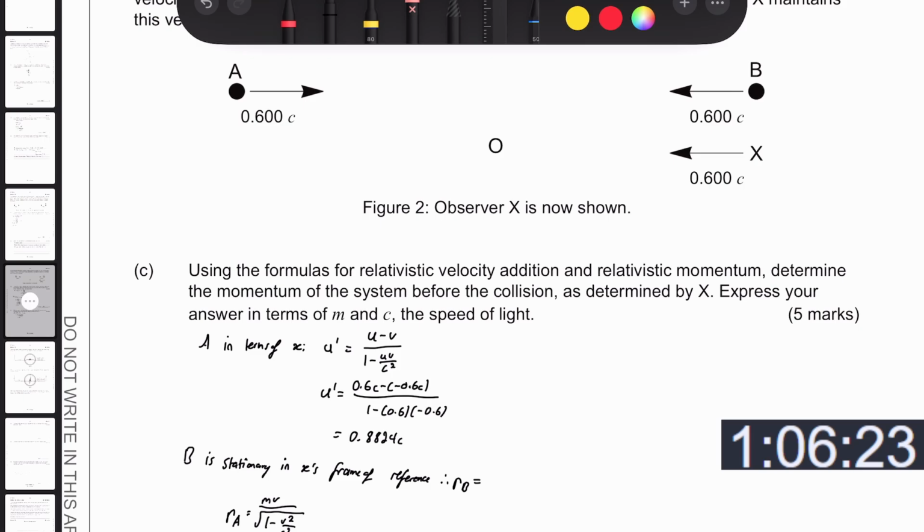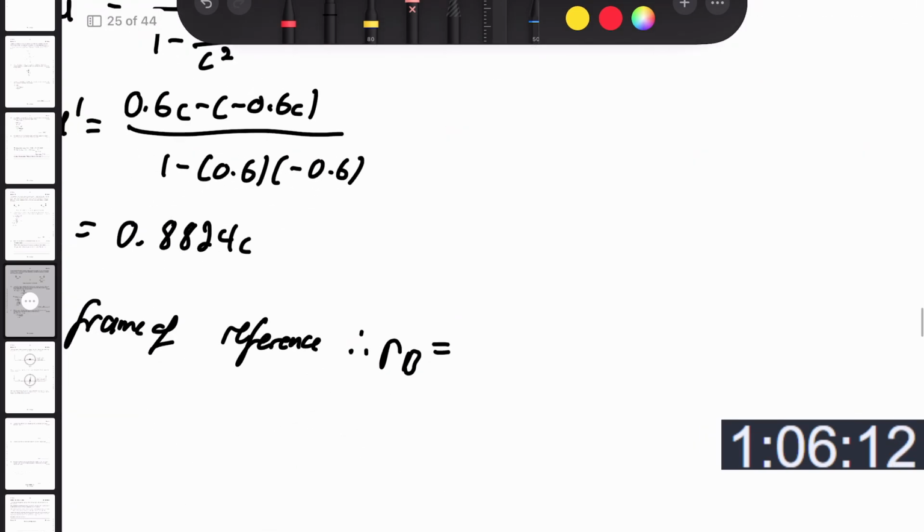Just see A coming towards you really fast. Equals 0.